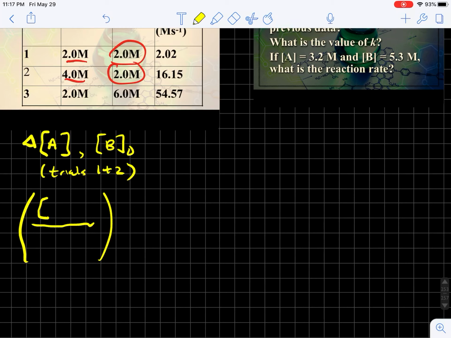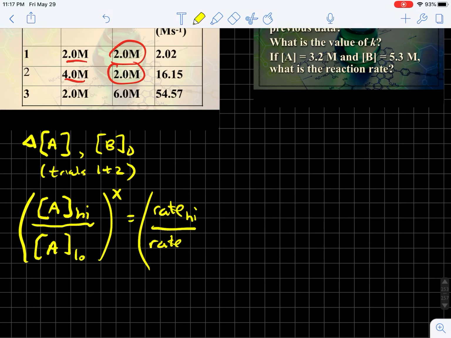We get confused easily. All right, so what we're going to do is set up A, and we're going to do the concentration of A at the high concentration over the concentration of A at the lower, and raise that to the power of x. And then we're going to do our rate associated with the high concentration over the rate for the low concentration.